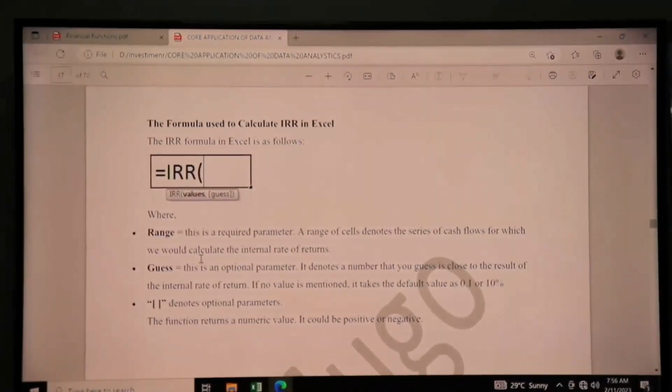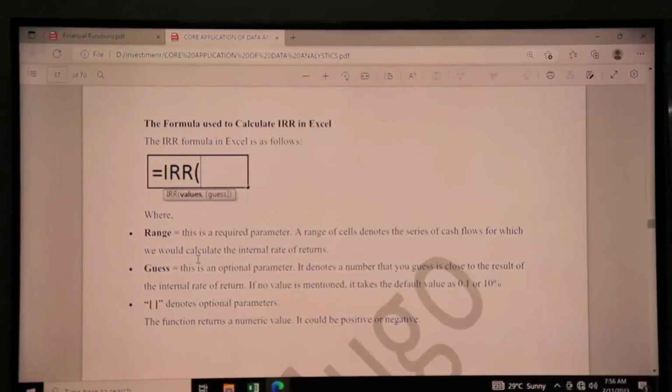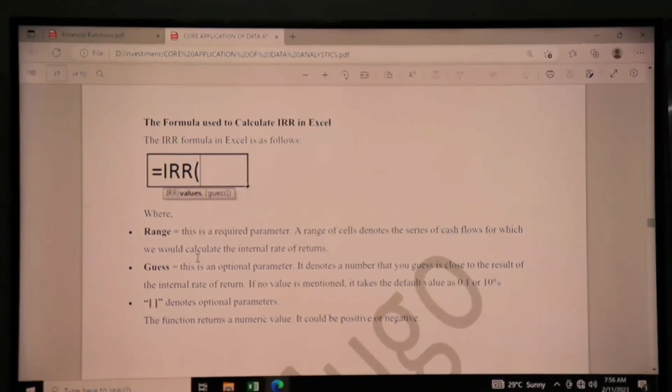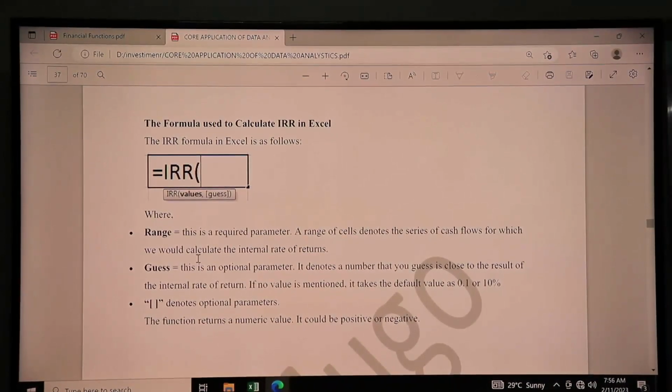If it is not mentioned, then it is taken as 0.1, that is 10%. Those are the two main parameters that you need to set when inserting the internal rate of return formula: the value and the guess.